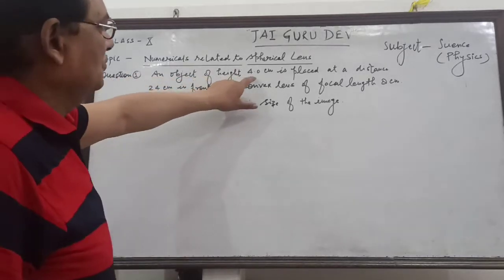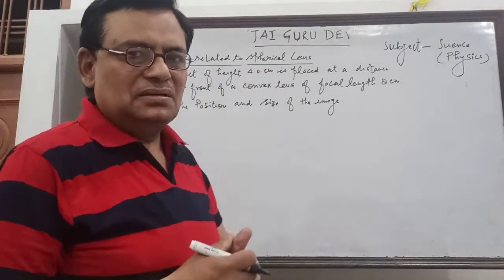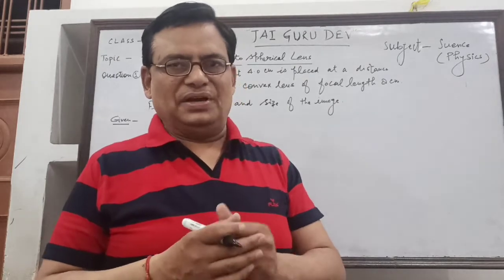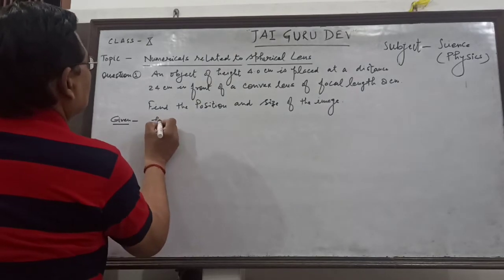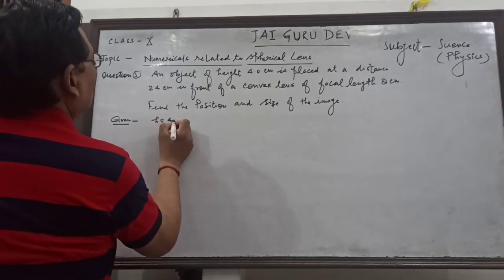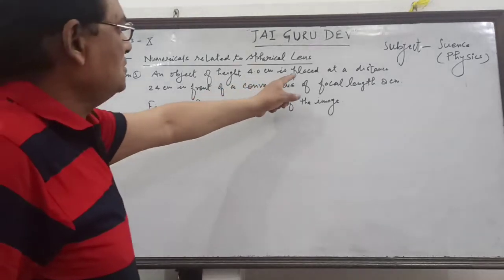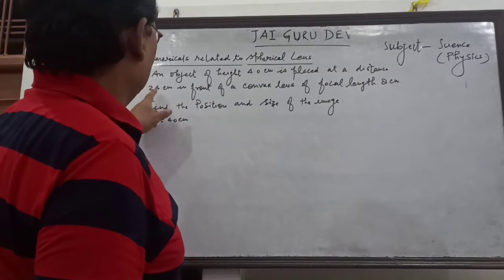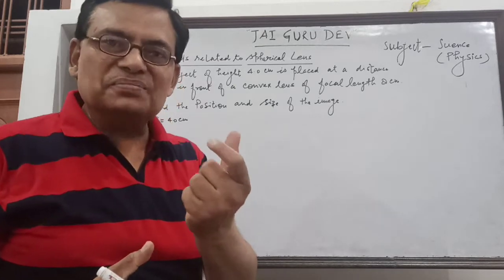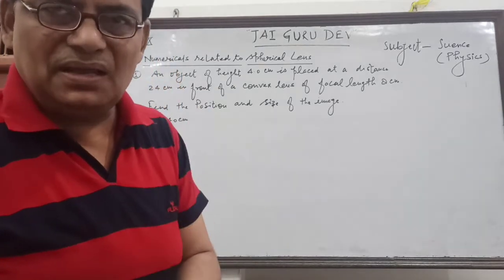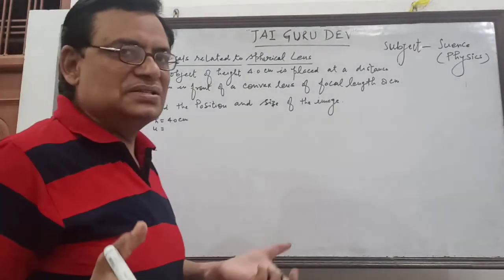An object of height 4 centimeter. This is object height and we represent object height by the symbol small h. So h is equal to 4.0 centimeter. It is placed at a distance 24 centimeter in front of convex lens. This is object distance and we represent it by u, and u is always negative.